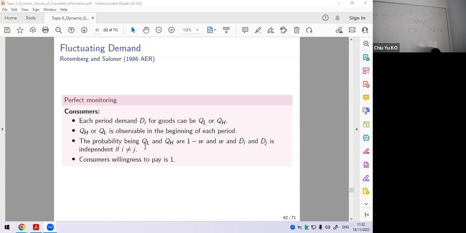So this paper is very interesting. Later you will see the conclusion is funny. We focus on the case of what we call perfect monitoring, where you actually know what happened.